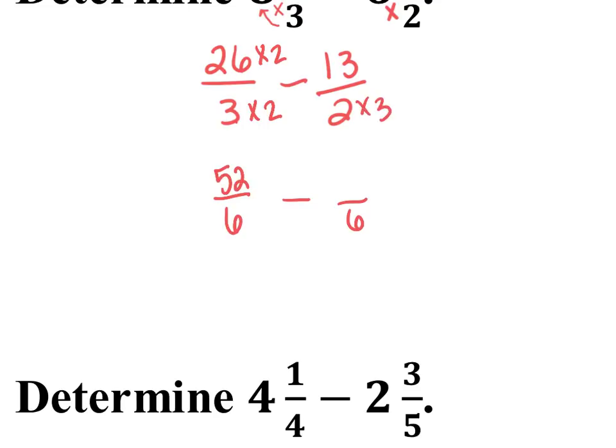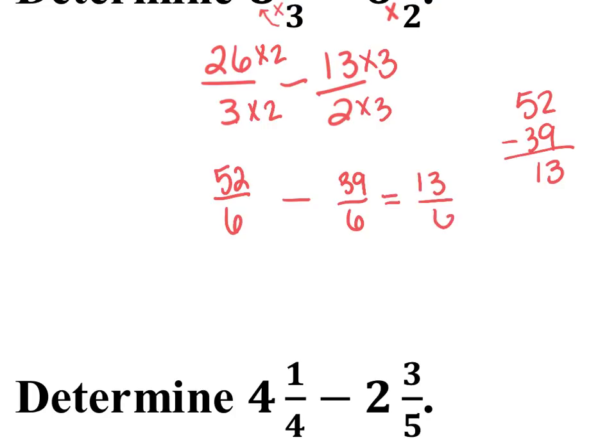Then times 3, 13 times 3 is 39. 52 minus 39. I don't need to borrow because I can subtract 39 from 52. If you can do the normal subtraction, just do the normal subtraction. Sometimes y'all get crazy in processes and you know how to subtract 39 from 52. So we have 13 left over my original denominator, which is 6.